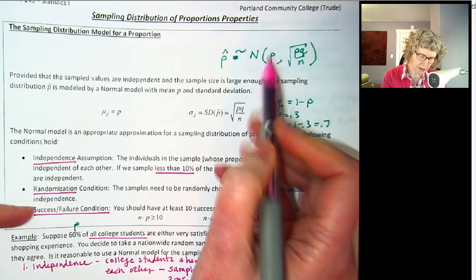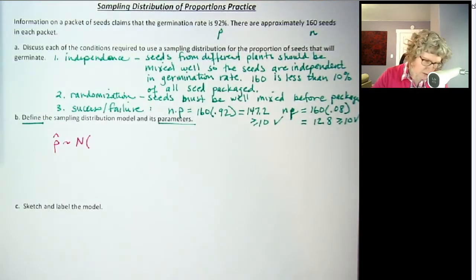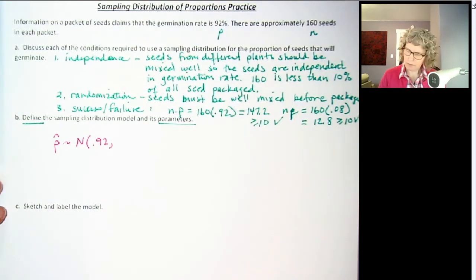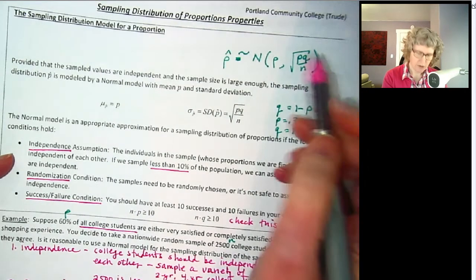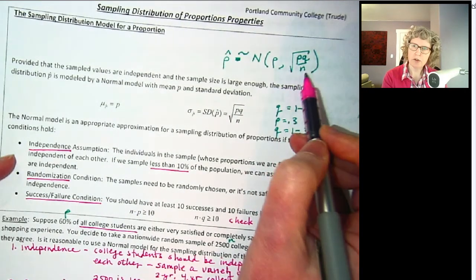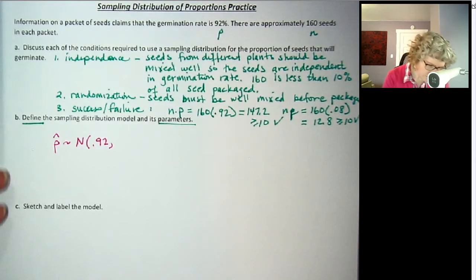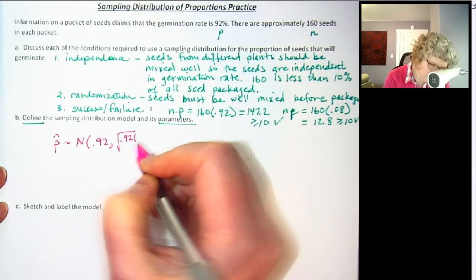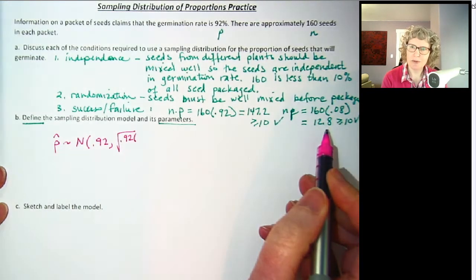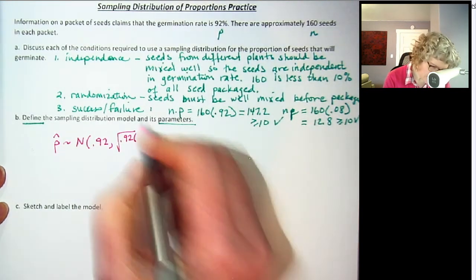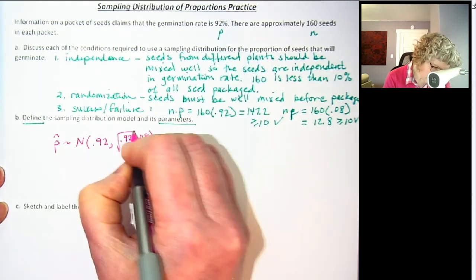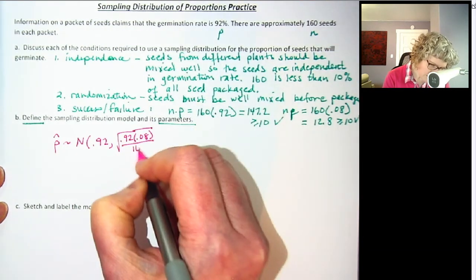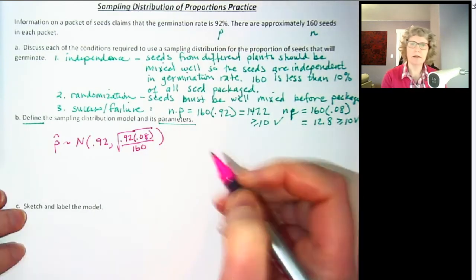Our population proportion is our mean, so 92%. And then our standard deviation is the square root of PQ divided by N. Square root of 0.92, and what's nice is we've already figured out Q in our success failure, so use that to save you time. Divided by 160, which is N.